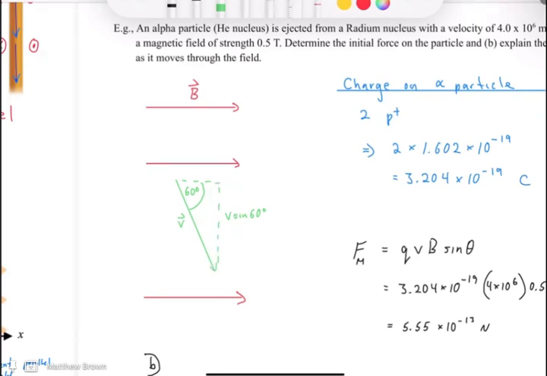You want your thumb to point in the direction of the velocity here, and then you want your fingers to point in the direction of the magnetic field. So here's a nice right hand that might look just like that. And which way is my palm facing? If you try to lay your right hand on that, it's coming out of the page, right?